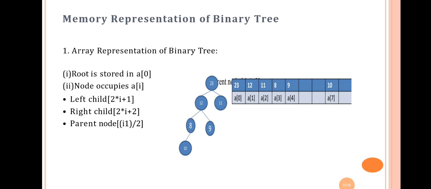A[0] contains the value 23, that is the parent node. Next A[1] holds 12, a child node for 23. And then A[2] holds 11, the right child node for 23. And then A[3] contains 8, A[4] contains 9, and A[7] contains 10.